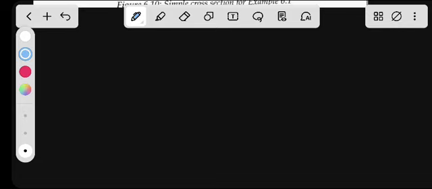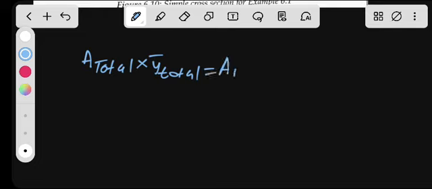There's this formula that says: the total area of the combined object, multiplied by the total y bar, must be equal to area 1 of object 1 multiplied by y1, plus area 2 of object 2 multiplied by y2.